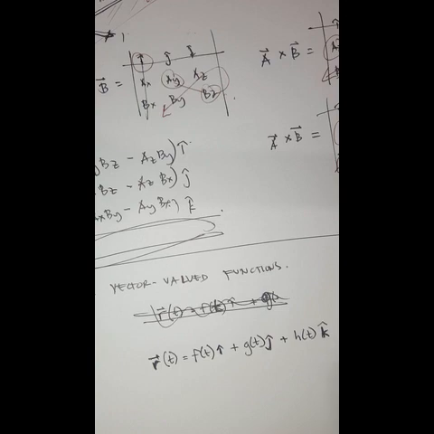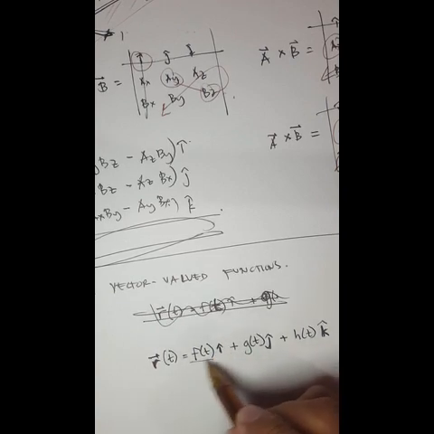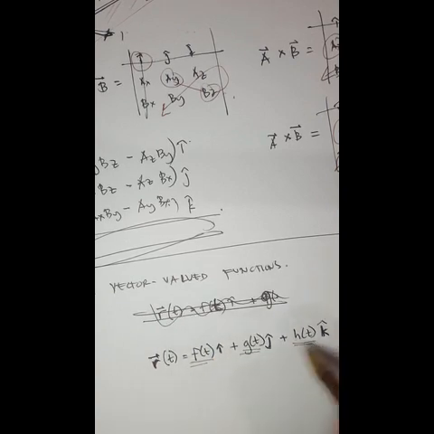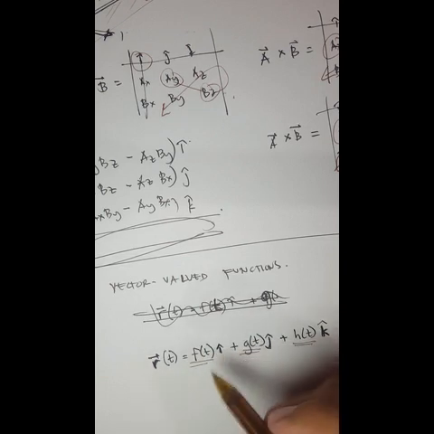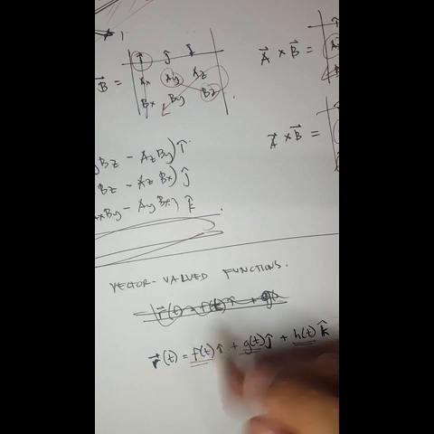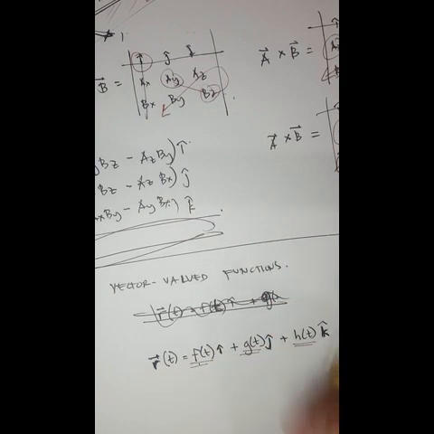Basically, the difference from last time is that in the vectors we considered, all these coefficients were just constants, but now they're not constant anymore. They're functions of time, so they can be linear functions, sine functions, whatever.